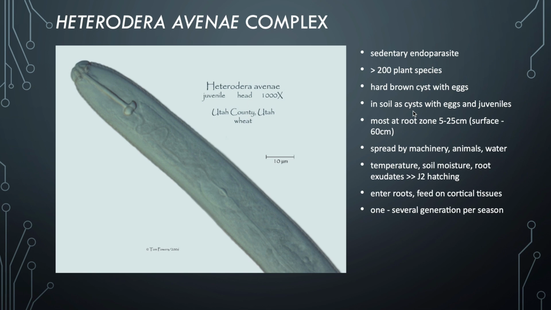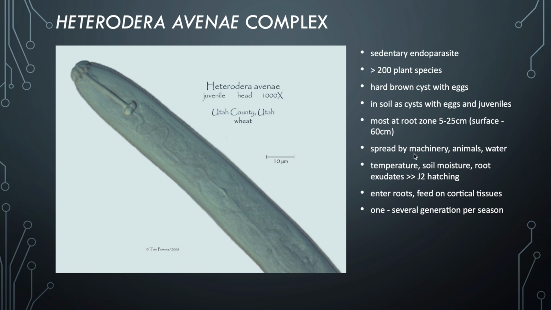These cysts persist in soil and give rise to the eggs, as well as the juveniles that hatch. This mostly occurs at the root zone between 5 and 25 centimeters within the soil, but these cysts can be present anywhere from the surface of the soil to up to 60 centimeters in depth.